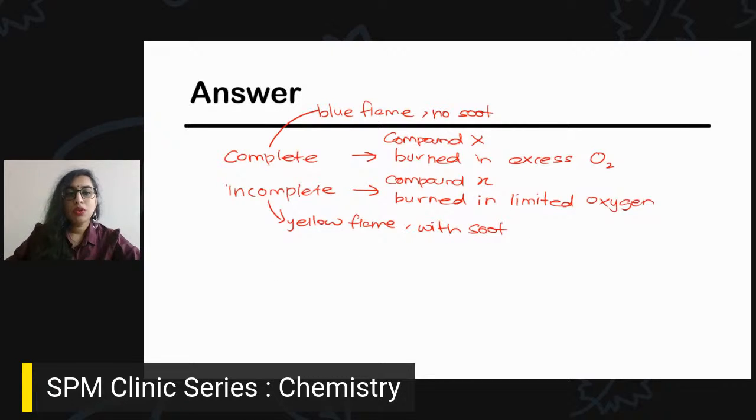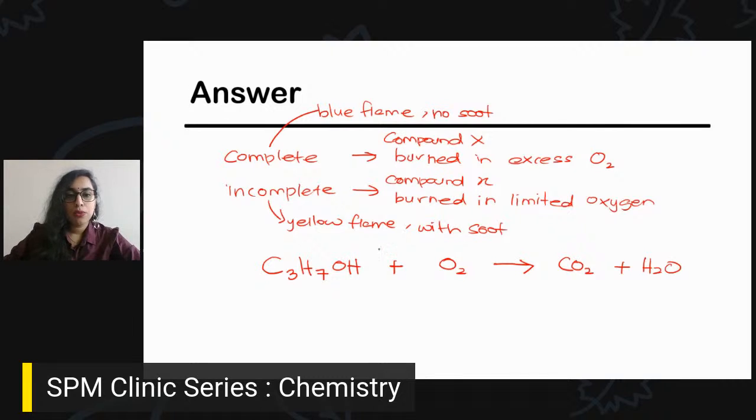Now let's look into how to write the equation. C3H7OH plus oxygen. Write the reactants and the products first. So you have carbon dioxide plus water.